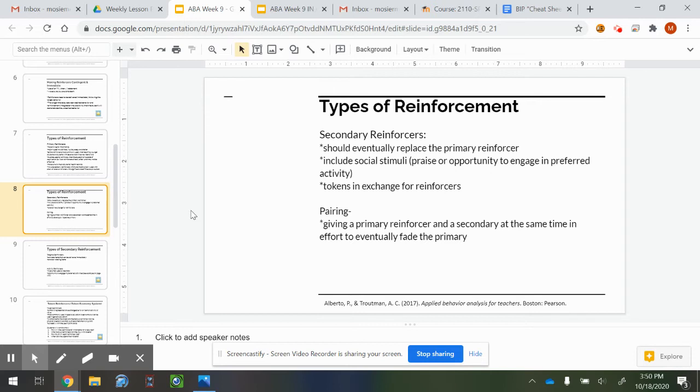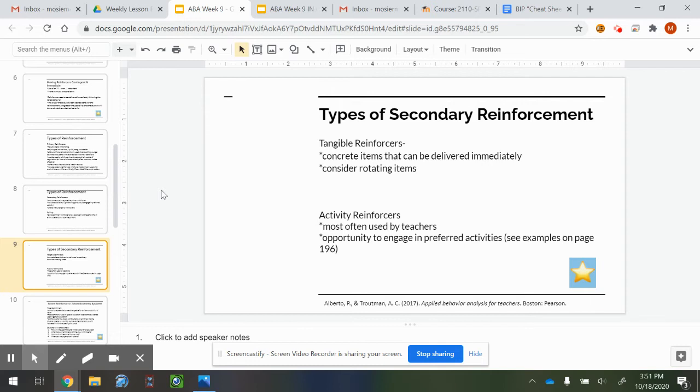When Jake behaves appropriately, his teacher may give him a bite of food and at the same time tell him what a good job he has done following whatever expectation that is, so that eventually he gets used to hearing that praise and also receiving the reinforcement. And eventually we can start to fade off that primary reinforcer and transition over to the secondary.